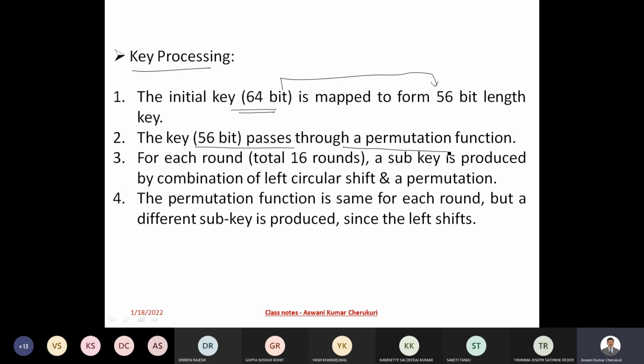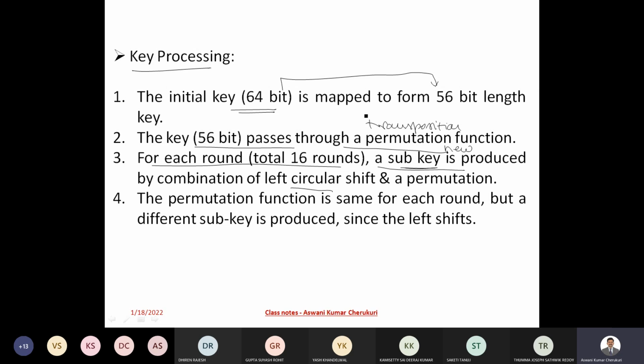That 56-bit key undergoes some kind of permutation, again a transposition. Once that is done, for each of the 16 rounds we have to generate a new subkey. You have to do some operations, like left circular shift, which we will discuss in the upcoming minutes. For every round, you are going to generate a new subkey.